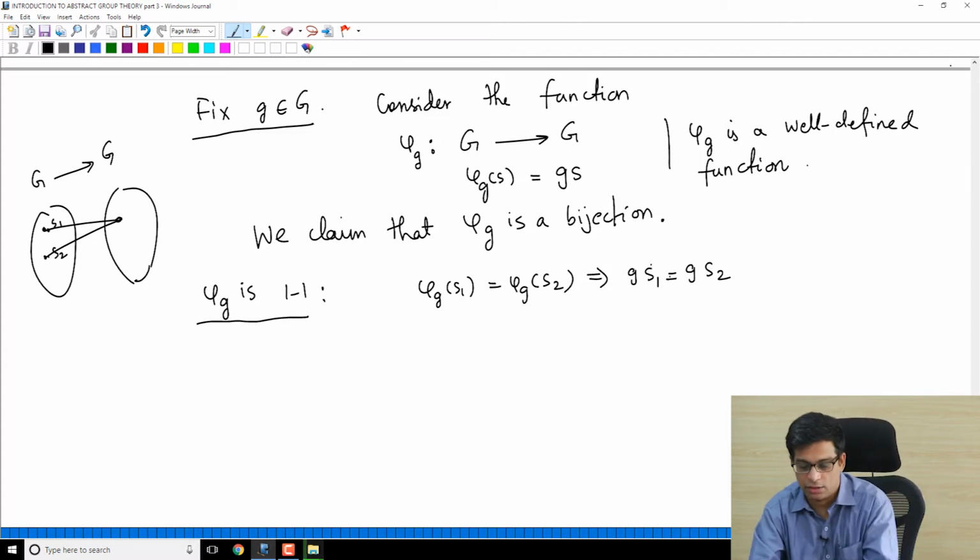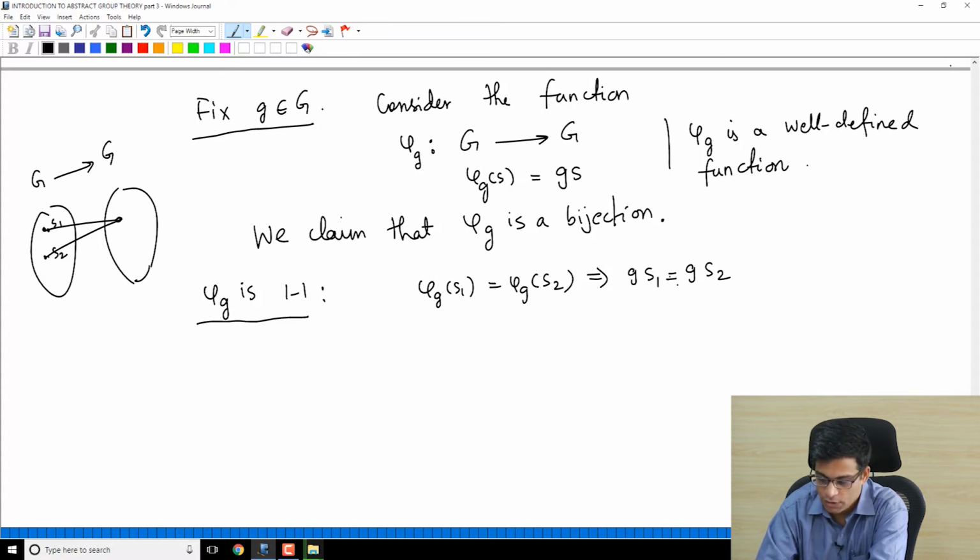Remember, g is the element of capital G, s1 is also an element of capital G, but s1 is being thought of as an element of the set G. So I am using small g to denote a group element, and small s1, small s2 to denote the elements of capital G when it's being considered as a set. gs1 equals gs2, but this is a product in the group. That means s1 equals s2, by the cancellation property in a group. So s1 is equal to s2.